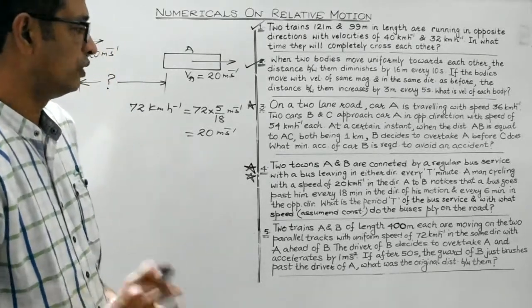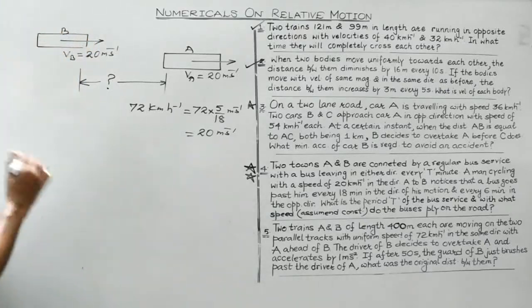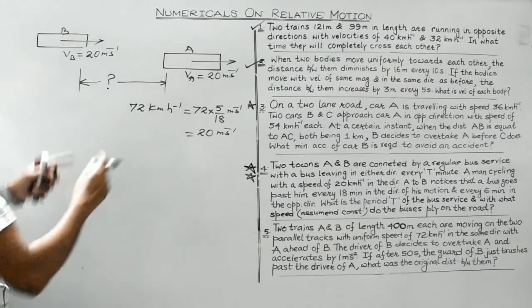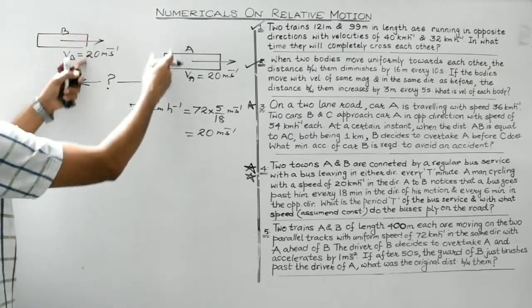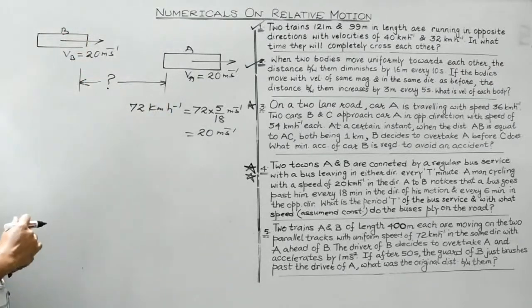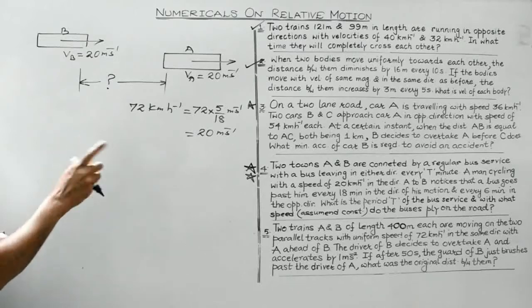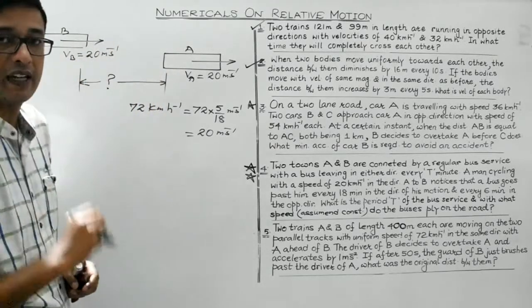So, what we do is, first and foremost, we need to find this distance. Right? This distance is to be calculated. For that, effective speed of B with respect to A is to be calculated.